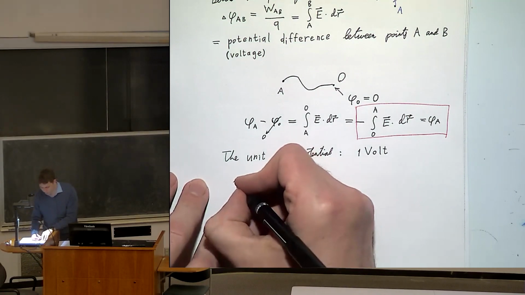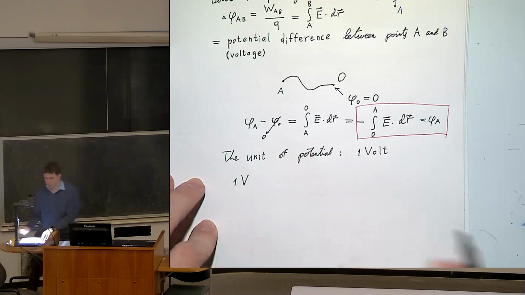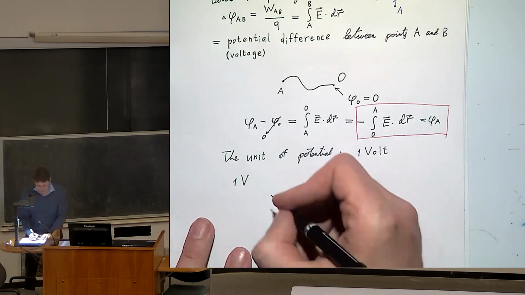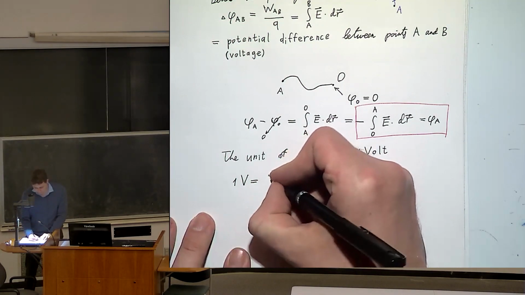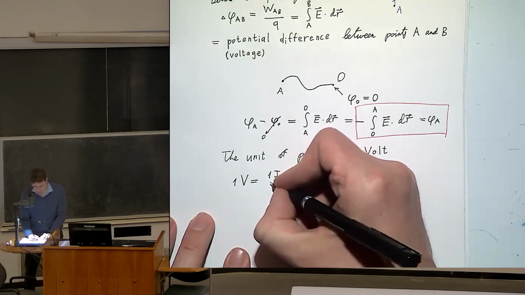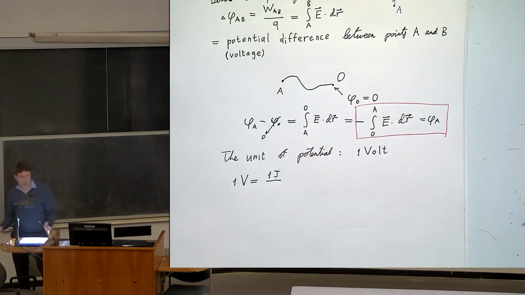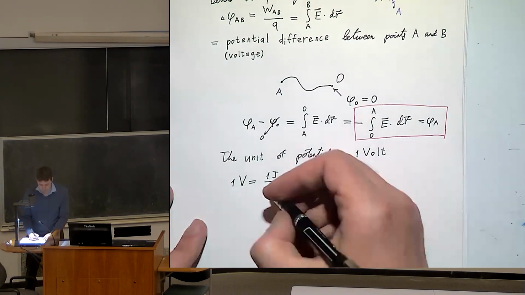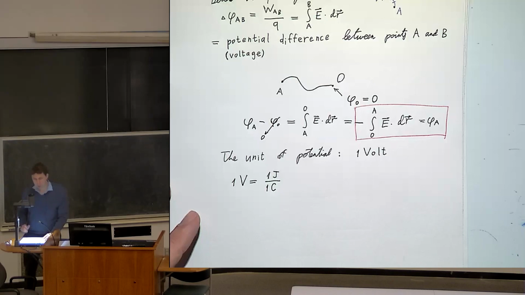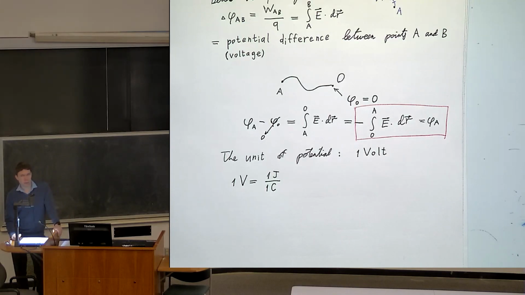So 1 volt, and the common notation for it is 1 V, equals 1 joule, the unit of energy and also the unit of work, divided by 1 coulomb.